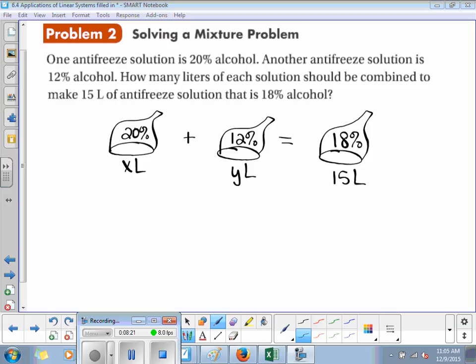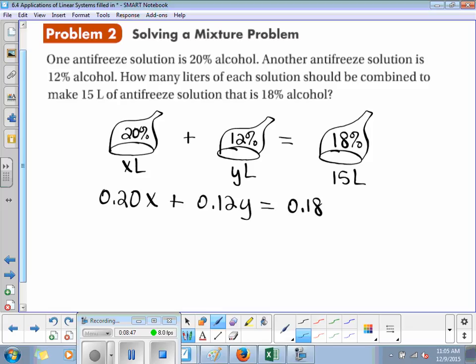So, the first equation here, we've got 20%, so that's going to be 0.20 times x. Plus, here we've got the 12%, so that's going to be 0.12 times y. And then over here, the total is going to be 18%, 0.18 times the number of liters here, which is 15. Does that make sense? See, we multiply times x here, times y here, and here is going to be times 15. You got that?